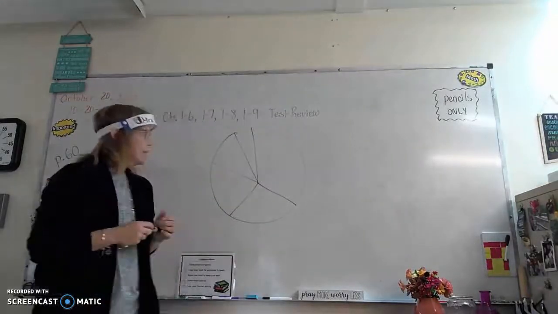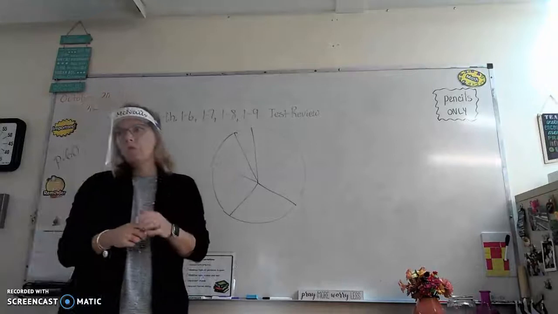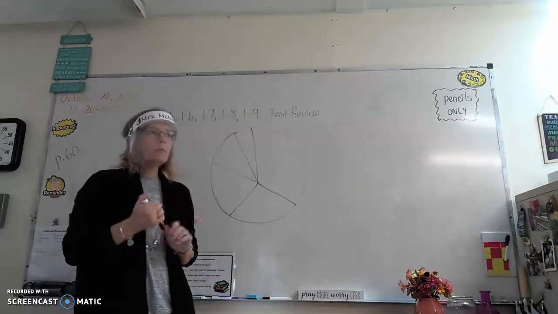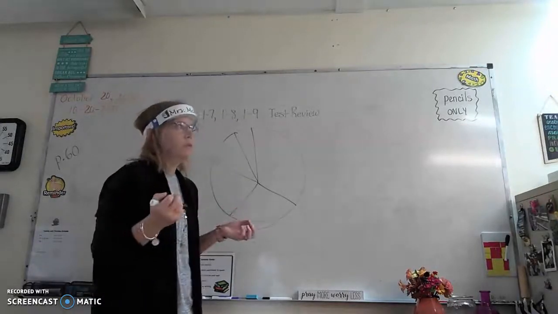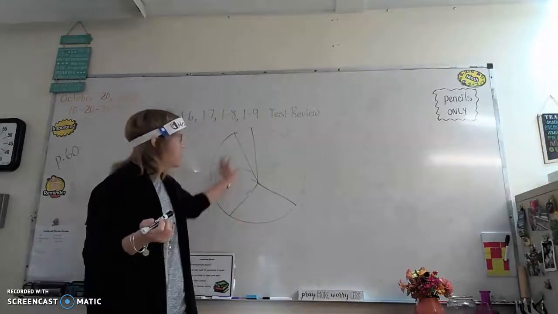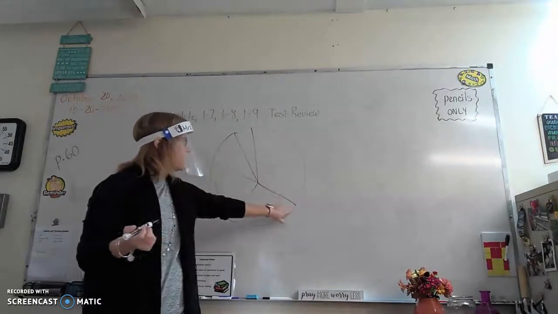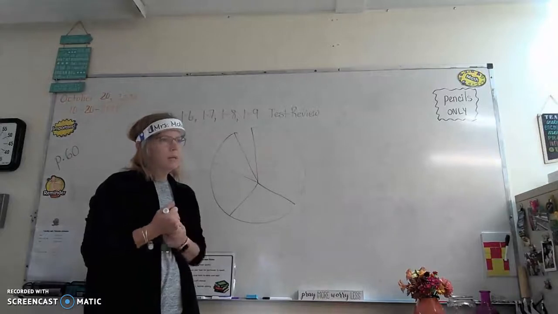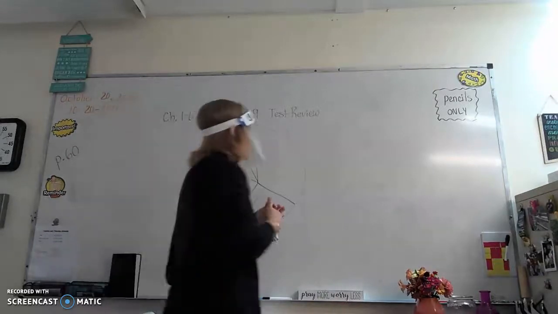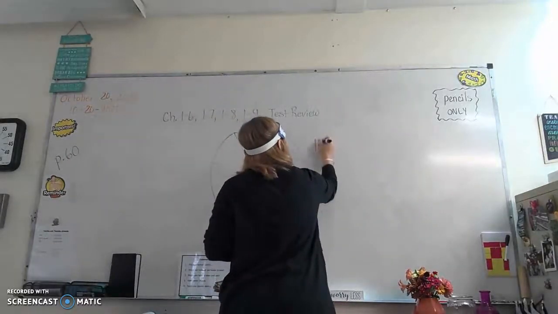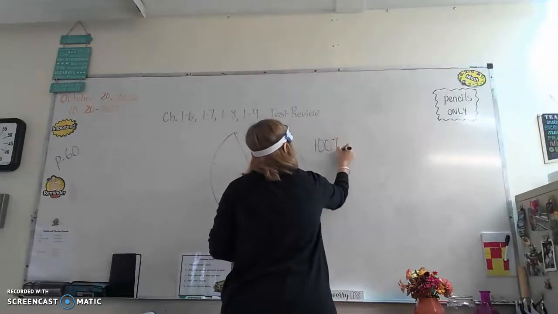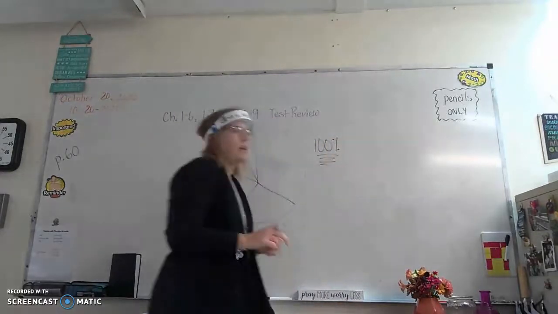Okay, so the last thing on your test is a circle graph. And we talked about something really important about circle graphs. Kayla, do you remember what all the values in the circle graph have to add up to? Yes, 100. Everything has to equal 100% in the circle graph.